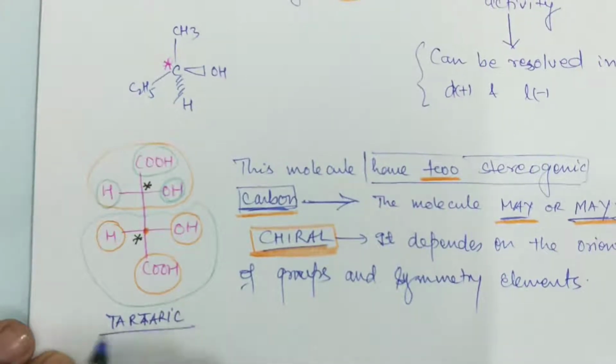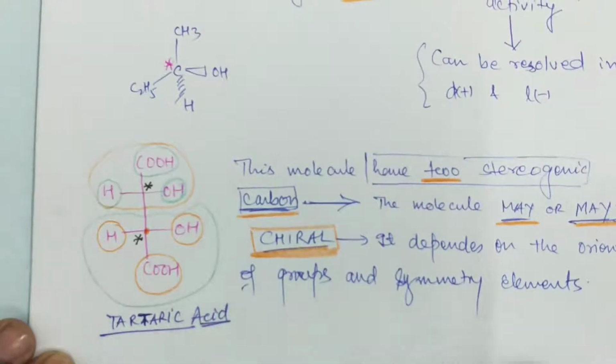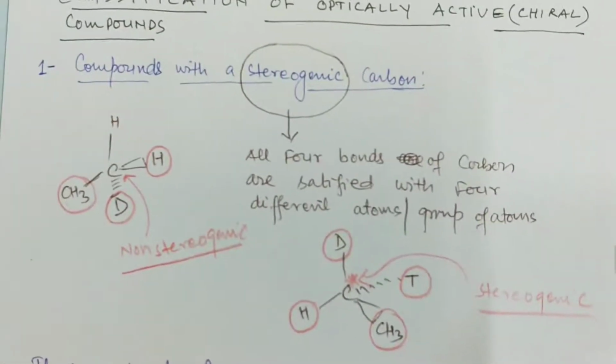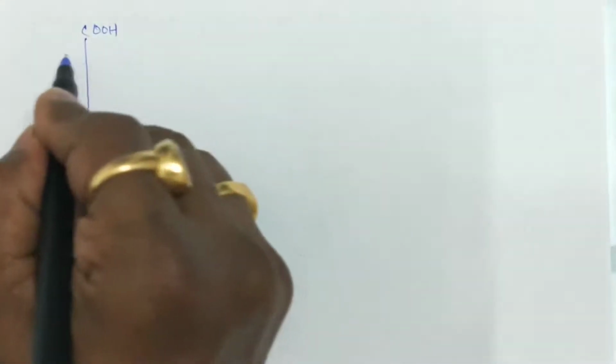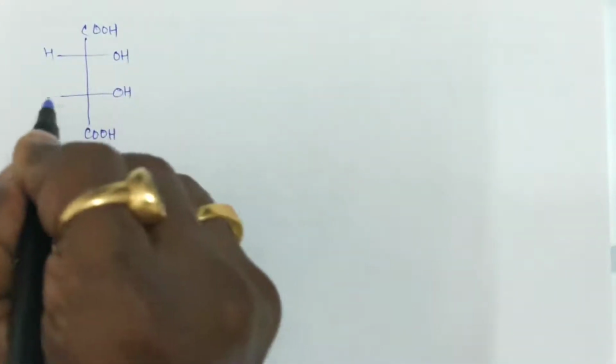So we will examine this molecule, and then accordingly we will classify and identify the isomers, right? See, COOH, COOH, OH H, OH H.